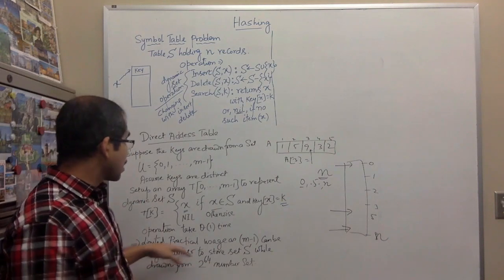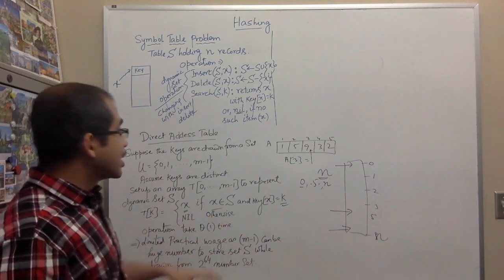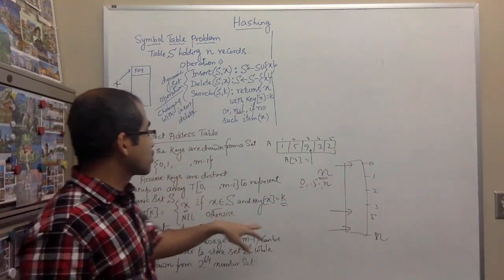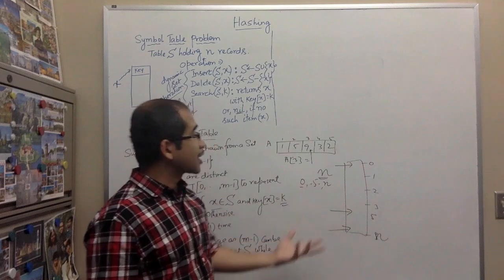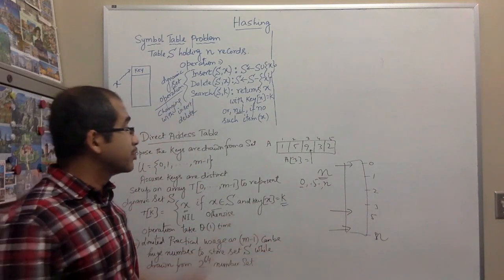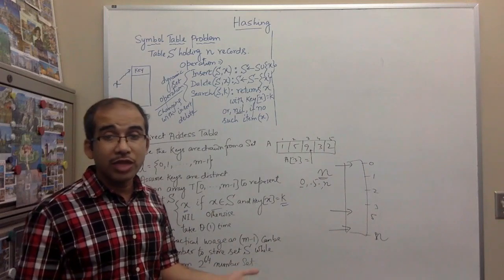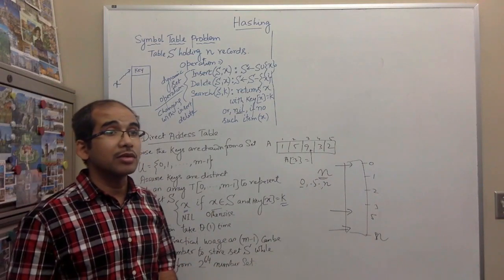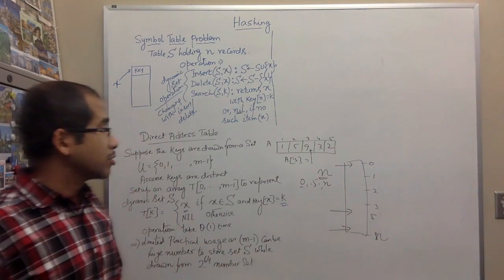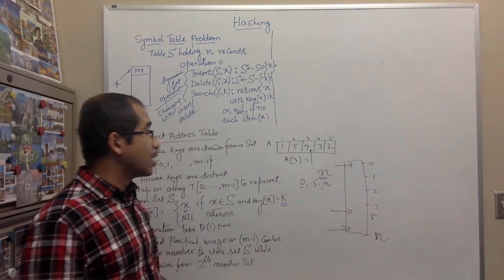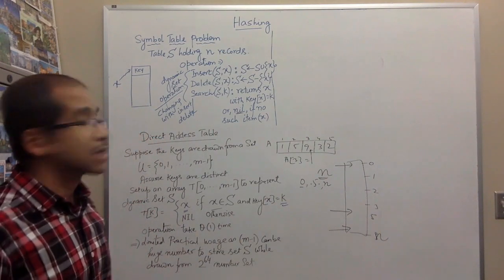But there is a problem with that. If this set U, which is 0 to m minus 1, is small, it solves the purpose. But if it is a very, very large table, which cannot be stored in memory, then it is a problem to create this kind of array.